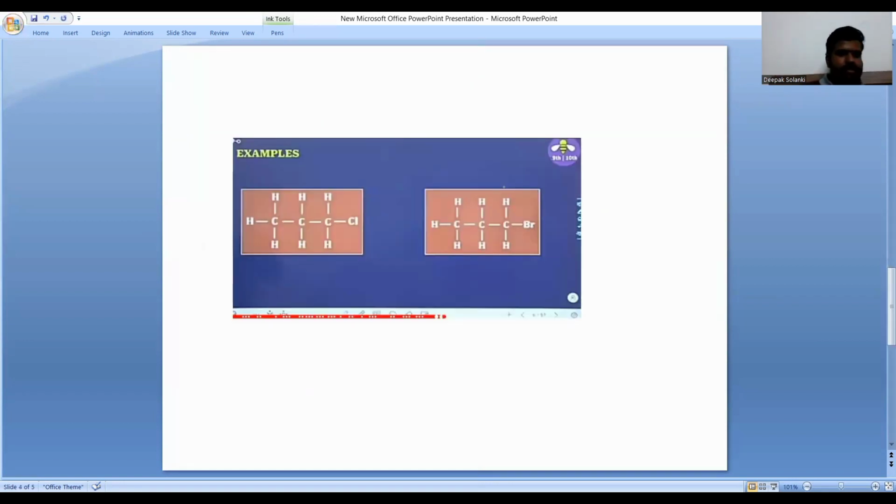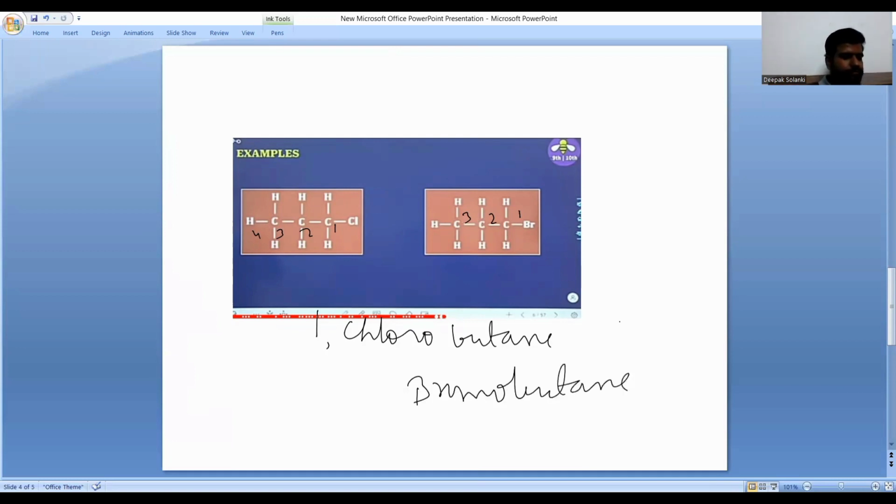The next example is this. What will be its name? 1 2 3 4, and at position 1 there is a chloro group, so 1-chlorobutane. What is the name of this? 1 2 3, 3 carbons are there, and bromo, so bromopropane. Bromoalkane and chloroalkane.